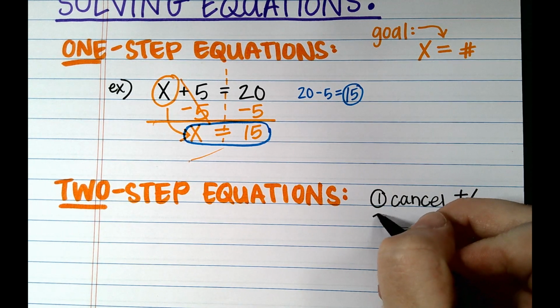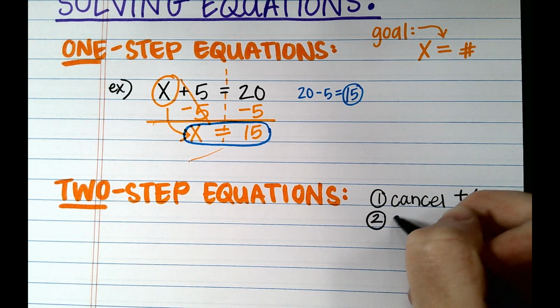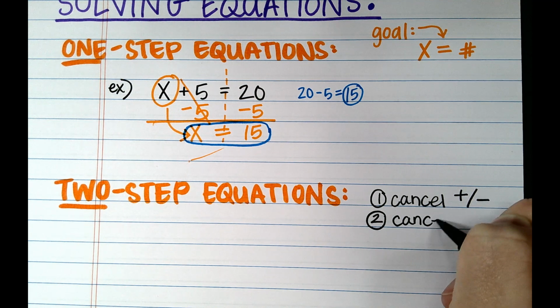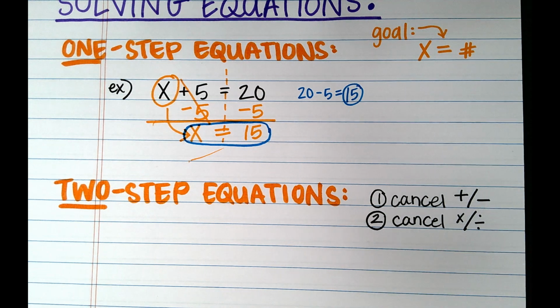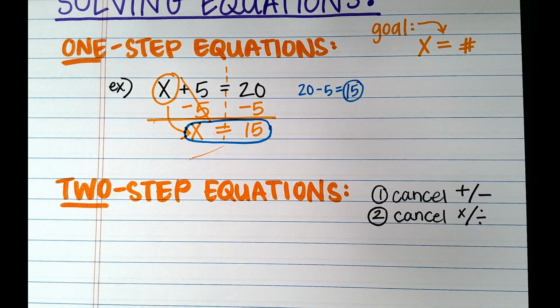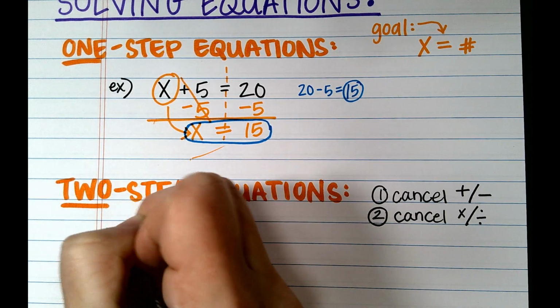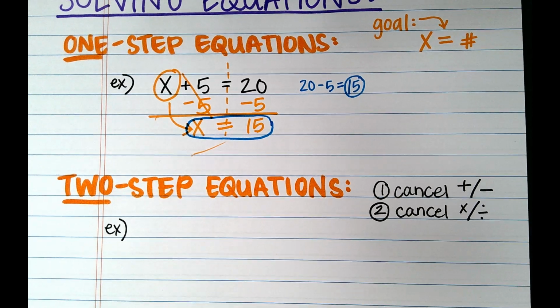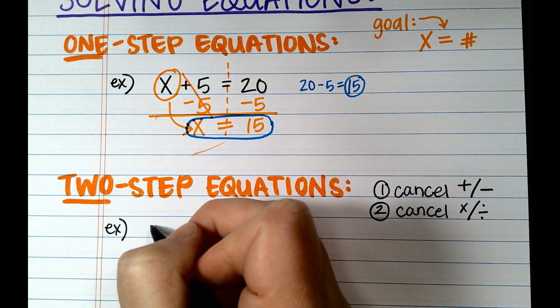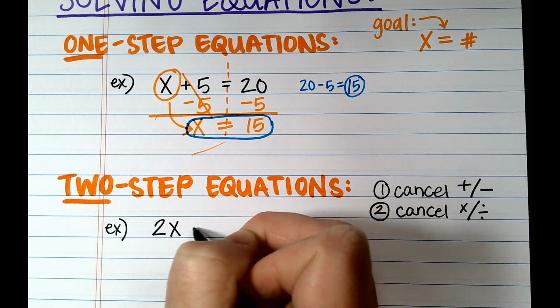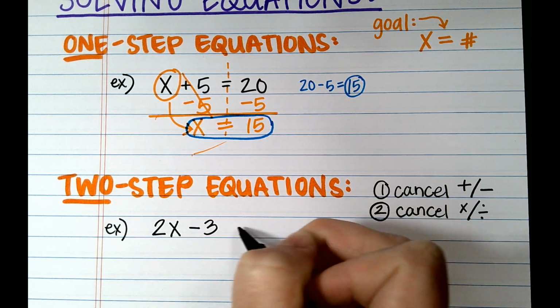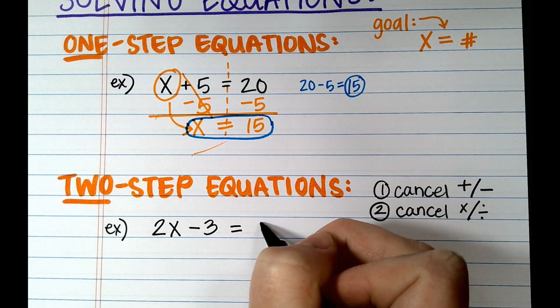Then we want to cancel out multiplication and division. So I'll give you an example of a 2-step equation. Let's try 2x minus 3 equals 9.